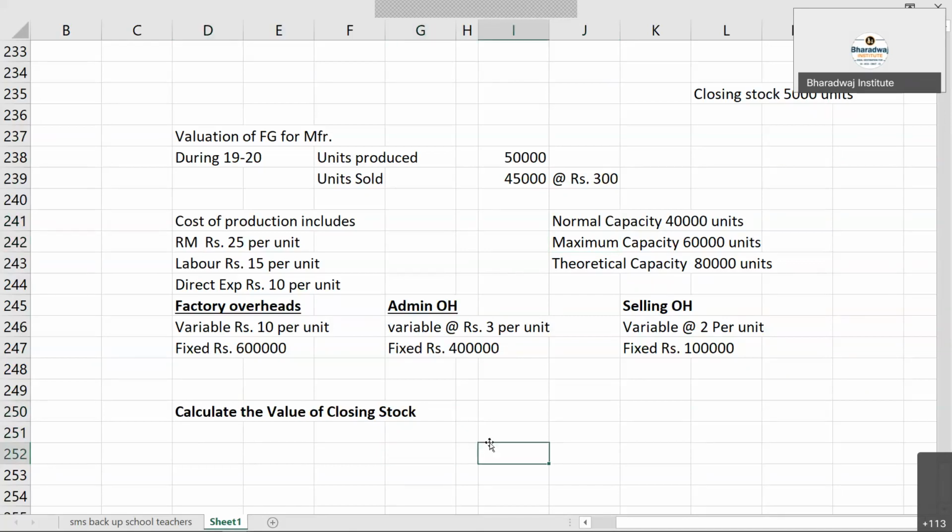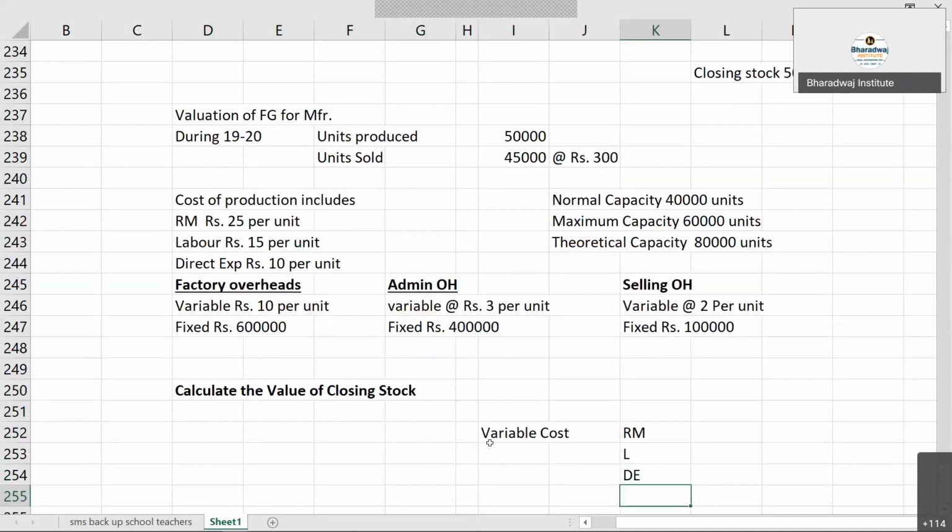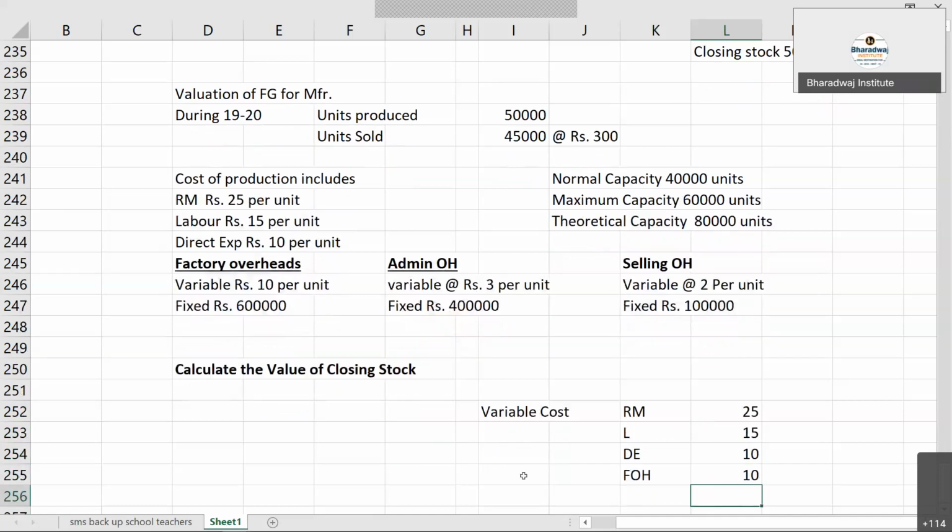Okay, all variable costs will be taken based on the actual rate. Raw material, labor, direct expenses, factory overheads, all variable costs will be taken based on normal rate: 25, 15, 10, 10.